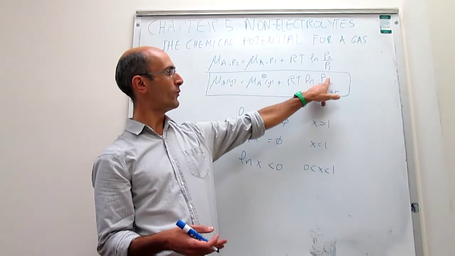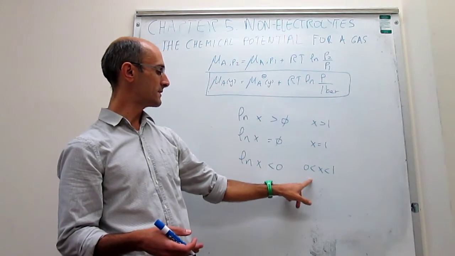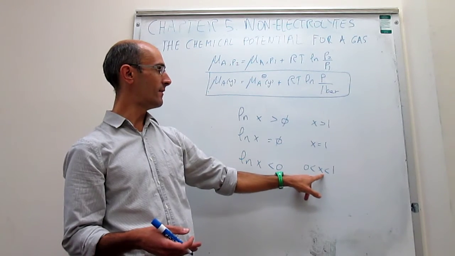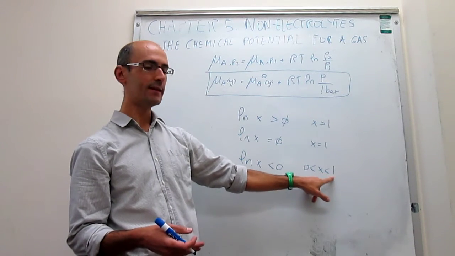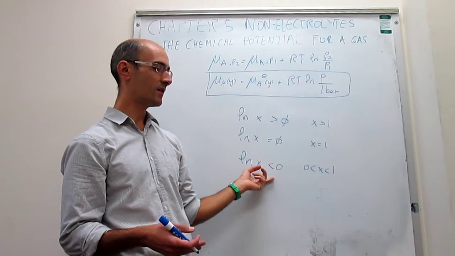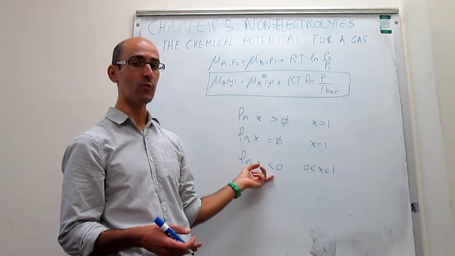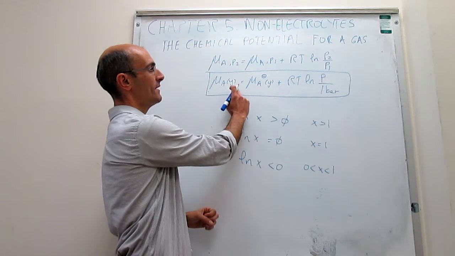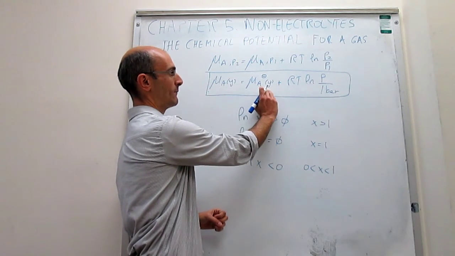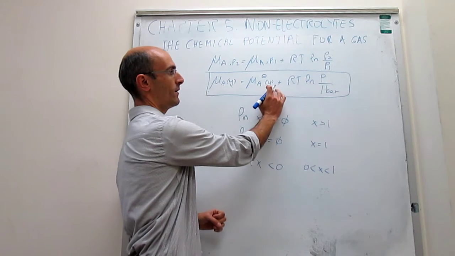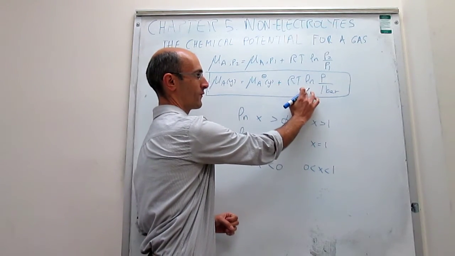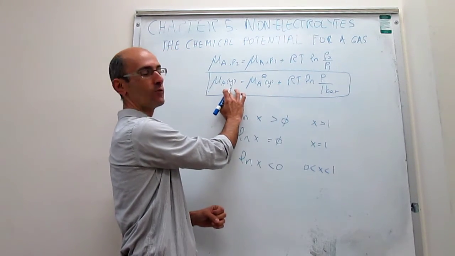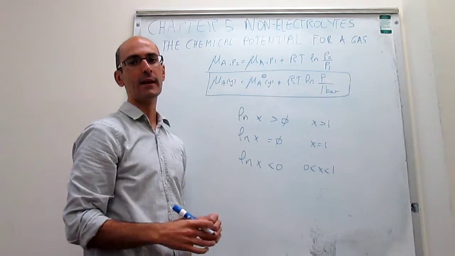Okay, if we plot here 0.5, then we will be in this case in which my number is going to be between 0 and 1. In that case, the natural log is going to be negative. Okay, and what that means is that the chemical potential at half bar is going to be the chemical potential at the standard state 1 bar with a negative correction, meaning that this chemical potential will be lower than the chemical potential at 1 bar.